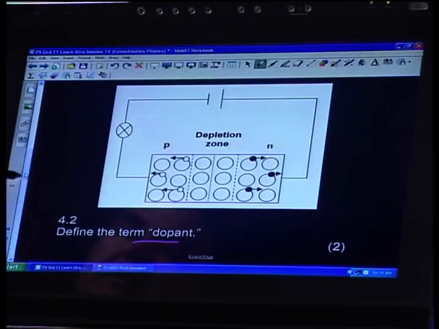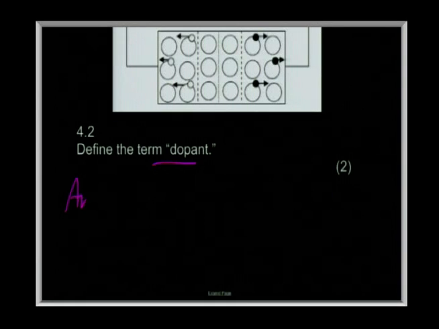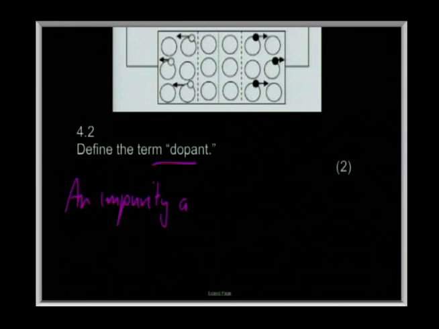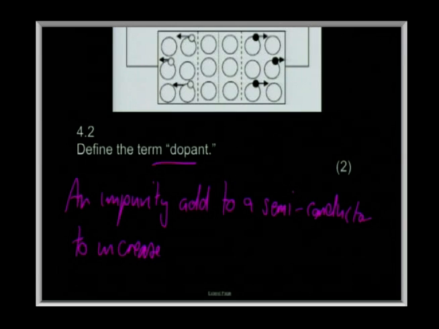So what we're going to say about a dopant is that it's an impurity that is added to a semiconductor to increase conductivity. So even at low temperatures, it will become like a conductor.